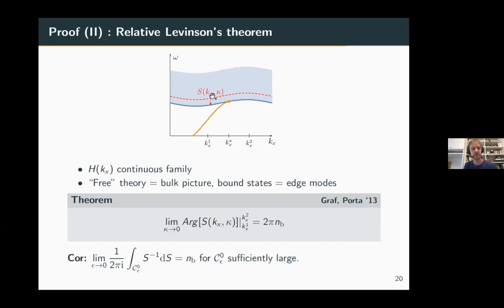And so this tells you that the change of argument of the scattering amplitude actually counts what we call the number of edge modes, namely the ones that have merged or the ones that have appeared, okay? And we can adapt this theorem that was for discrete systems to our case to show that indeed we can count the number of edge modes we see in the spectrum. Okay, so this is for the non-anomalous part, if you like.